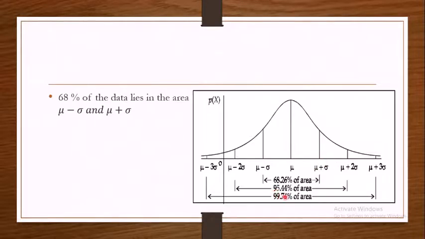Again, 95.44% of the area is between mu minus 2 sigma and mu plus 2 sigma. 99.74% of the area is between mu minus 3 sigma and mu plus 3 sigma. So that's regarding the area of a normal distribution.